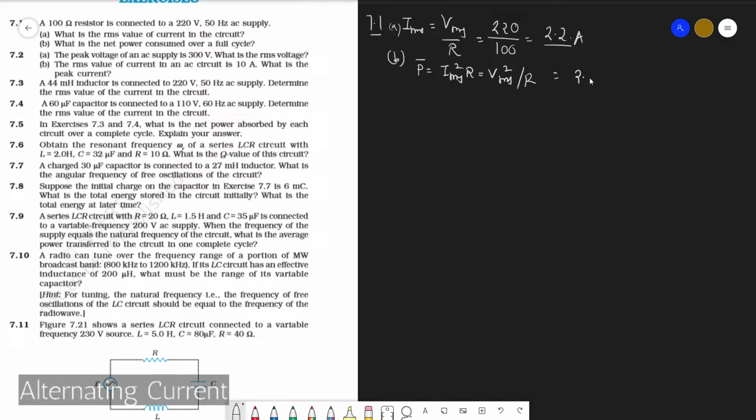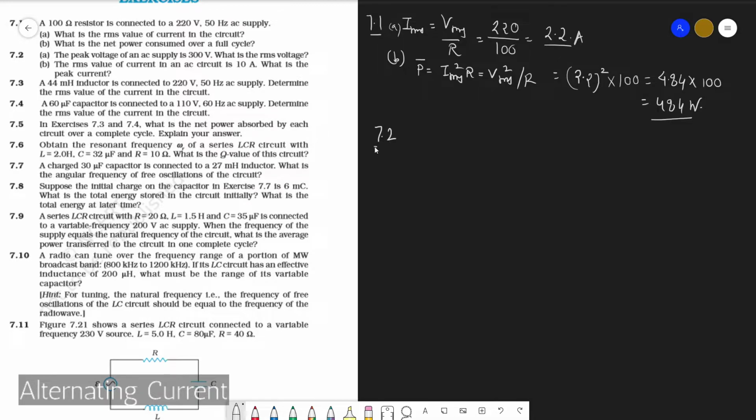So RMS current squared into the resistance, which is 100. So this is nothing but 4.84 into 100. So this comes out to be 484 watts. So this is the power.